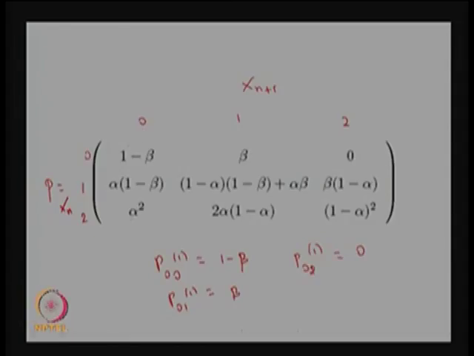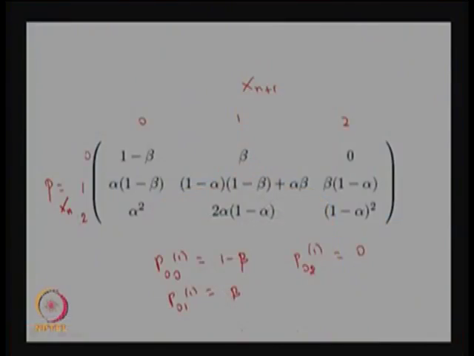That means both the machines failed on the same day. Therefore, that probability is alpha times alpha. In the next day the number of working machines goes from 2 to 0. Like that, you can visualize the other elements also.